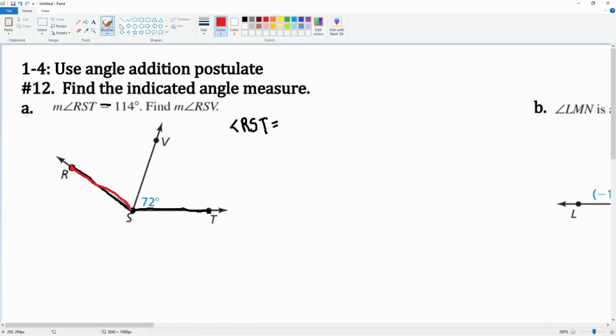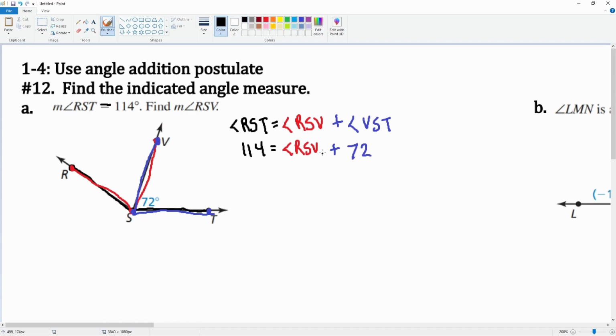We have angle RSV, in red, plus angle VST. Angle RST is 114. We don't know what angle RSV is, and we know in the problem that VST is given as 72.